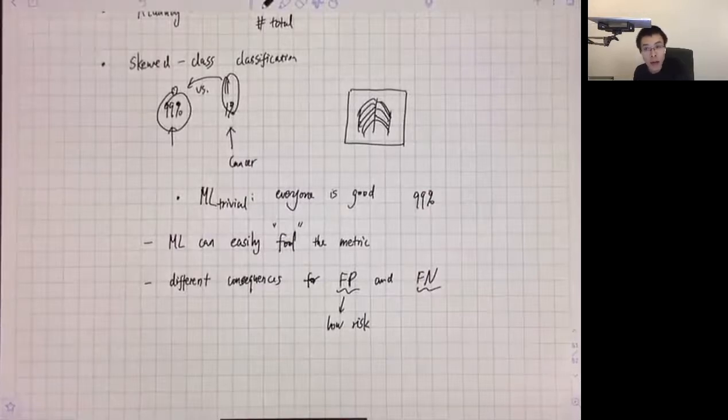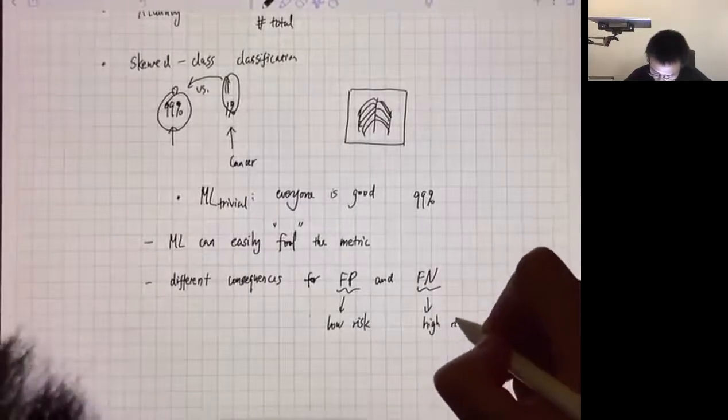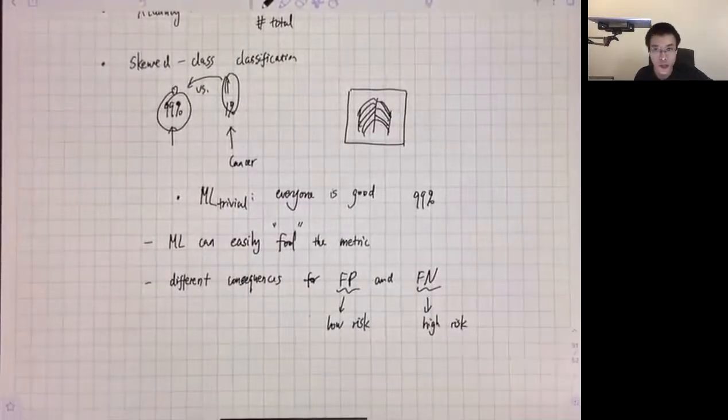And then I feel I'm healthy, okay? Then I miss the chance for the early diagnosis. And after a few months, maybe the cancer may be developed to late stages, and then it cannot be very well treated. So in this case, you have a high risk if you make a false negative error.